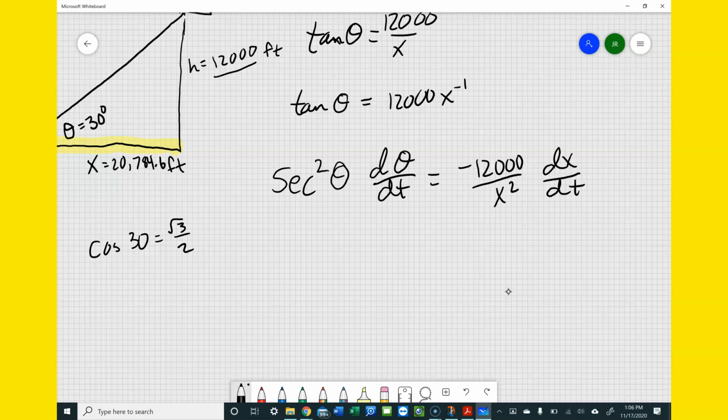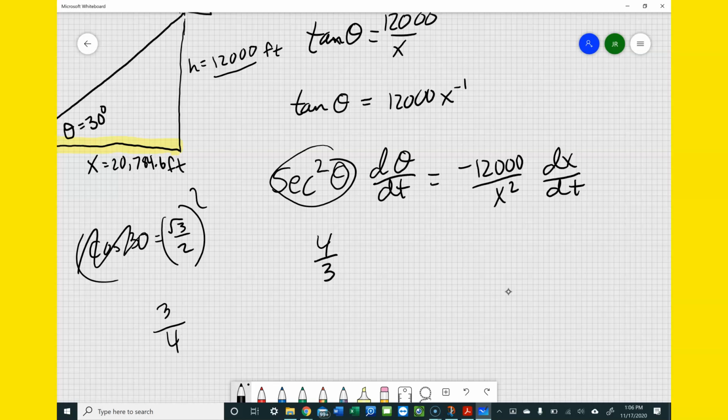Then I'm going to square that. So root 3 over 2 squared is 3 over 4. Secant is the reciprocal of that, so it's 4/3. I already squared it, so secant squared of theta is 4/3.